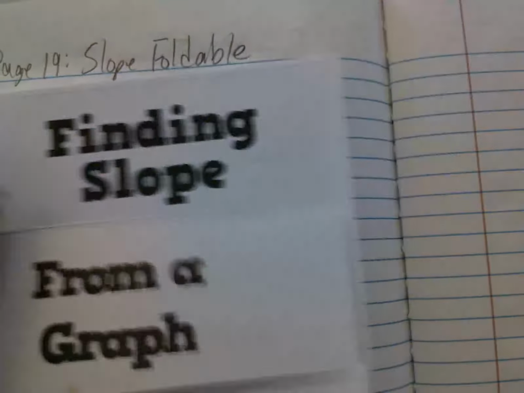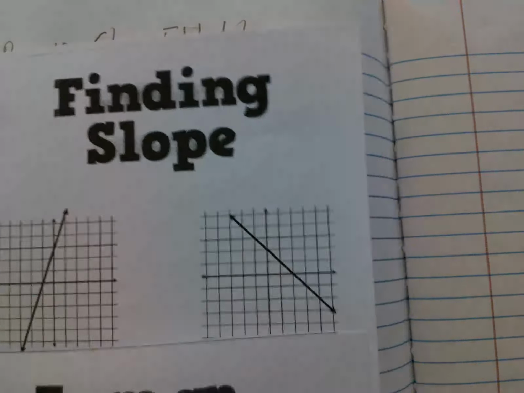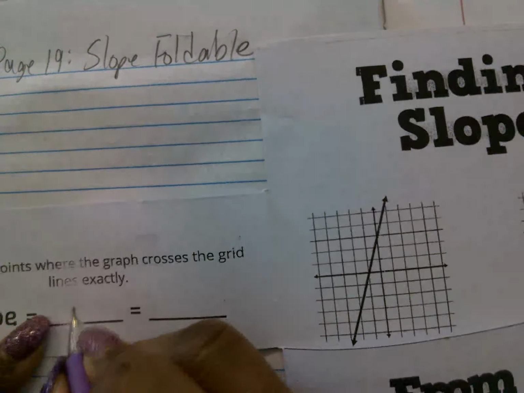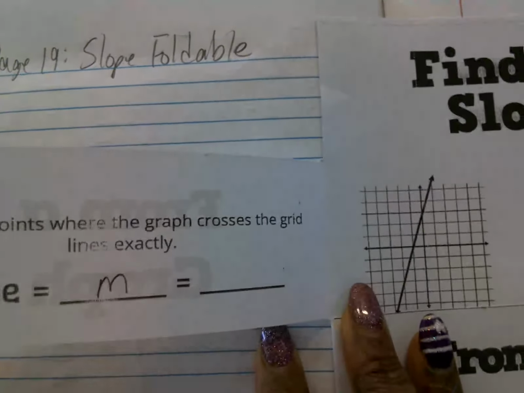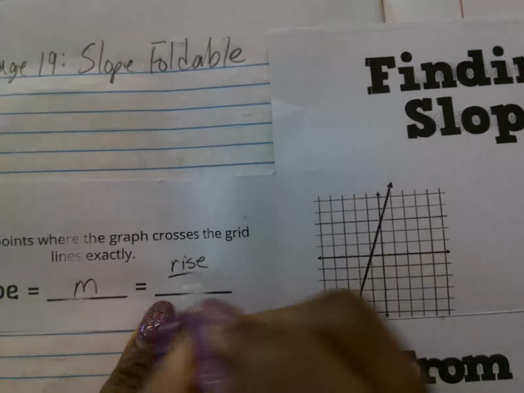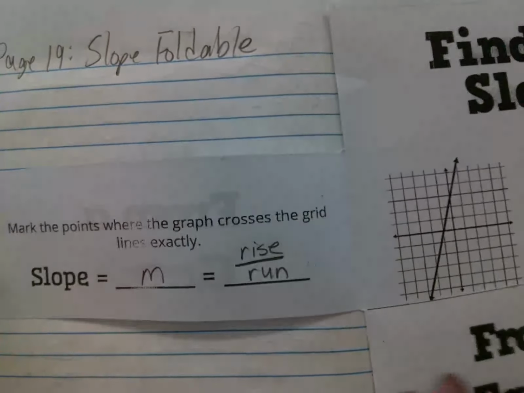And this is the slope foldable. And the first one that we're going to do is this one right here. The slope formula, slope is equal to M. And M is equal to rise over run to find the slope of a line.